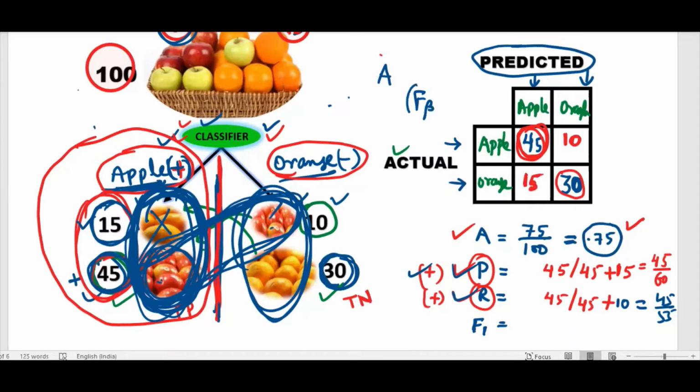We will not even go into the F beta score. Sometimes you will see F2, F3 and all that. There is a general formula, but we use the F1 score here. So the formula is 1 divided by (1 by 2)(P plus R), or you can remember 2PR divided by P plus R. This is the simple formula you can remember.